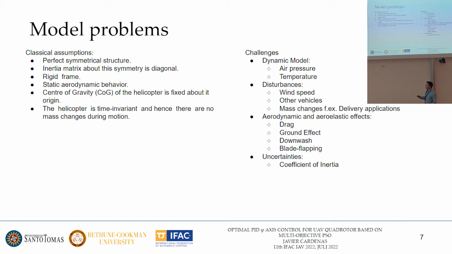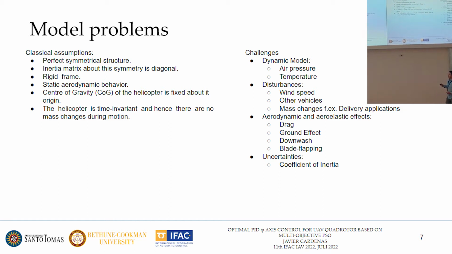We have some other problems, for example, this is a dynamic model that depends on air pressure and temperature that are constantly fluctuating. We have some disturbances like wind speed, or if we interact with other vehicles. And for some specific applications, we have mass changes, for example, in delivery.